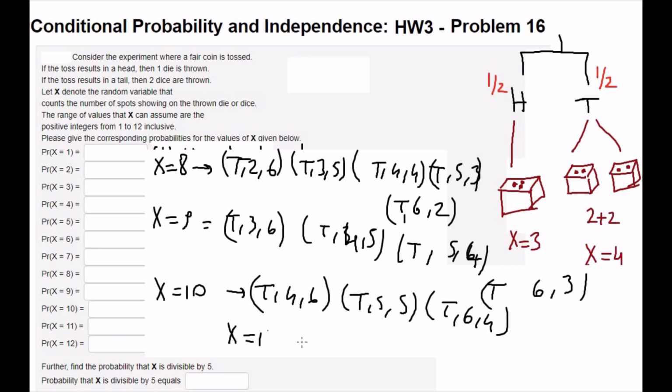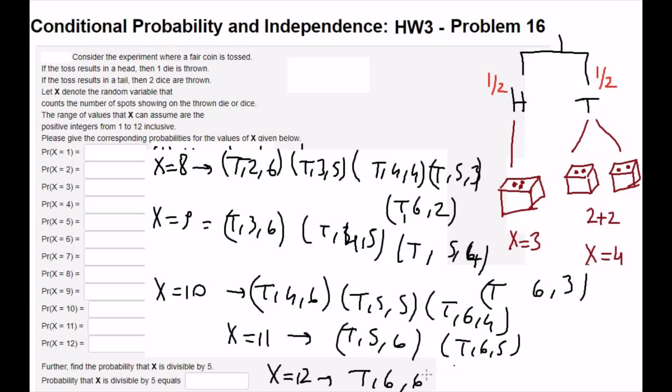And for x to be 11, we need tail 5, 6, and tail 6, 5. And finally, for x to be 12, we need only tail 6, 6, no other option.